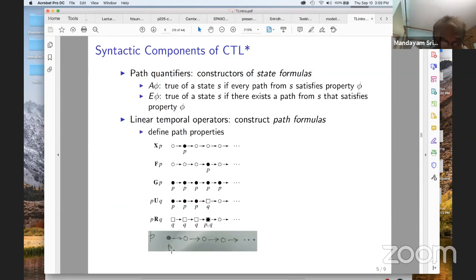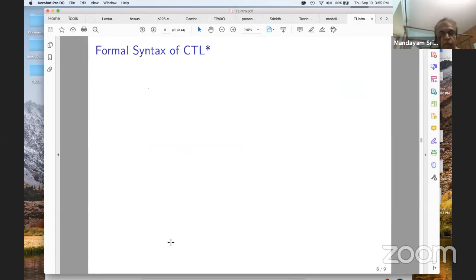In the base case, a state predicate is both a state formula as well as a path formula. When it is interpreted as a path formula, it is understood to mean true in the first state. So that's the informal semantics.